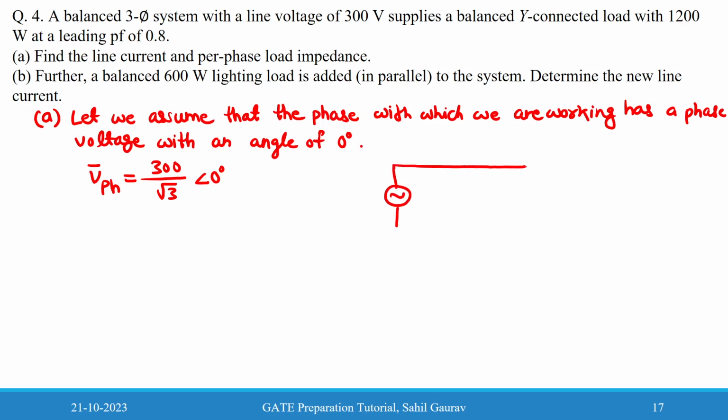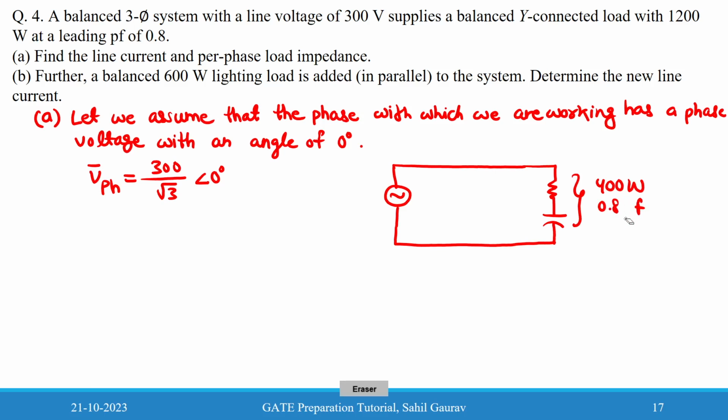Since the power factor is leading, we have represented it by a capacitive load. Here the load is 400 watt at a leading power factor of 0.8.